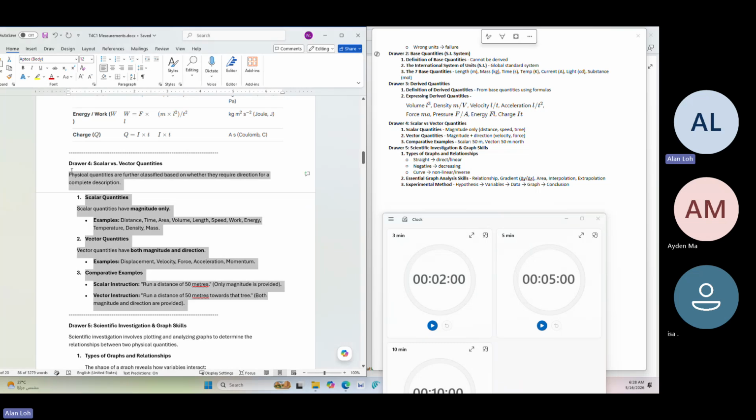Same process. We'll do 1 minute for drawer number 4.